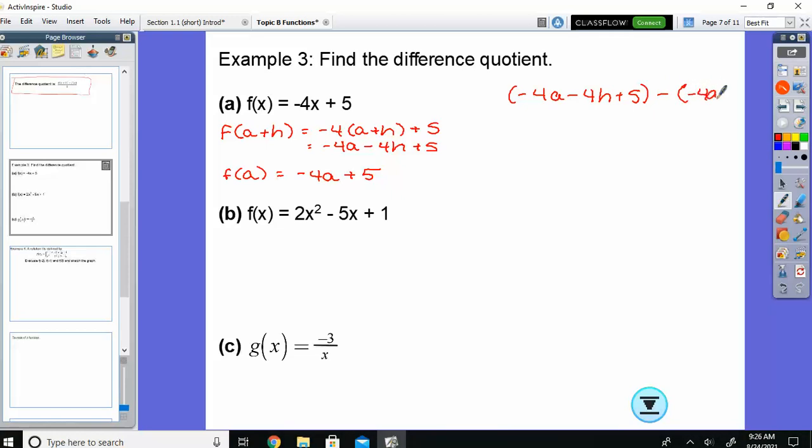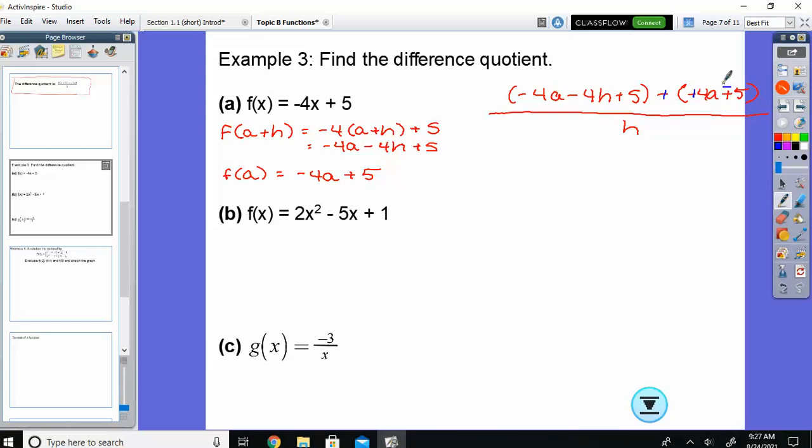minus f of a all over h. So I plug those into that formula we wrote down. The f of a plus h minus our f of a divided by h. We can distribute this negative.